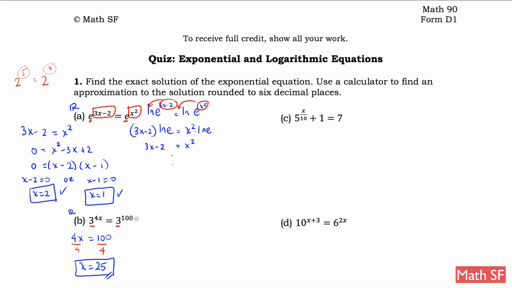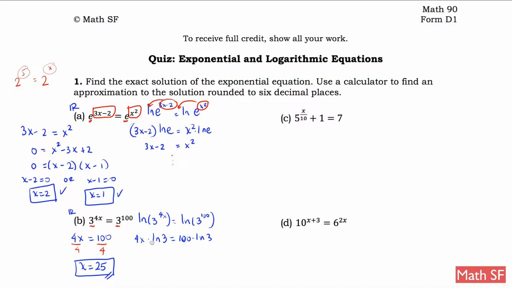You could have also applied the natural log on each side and you would have gotten the right answer. So it will be ln of this one here equals ln of 3 to the 100, and by the law of exponents, this should go to the front and you will actually get the same answer.